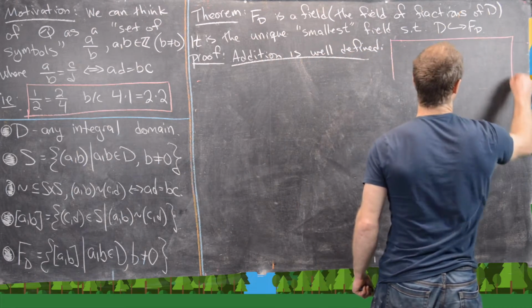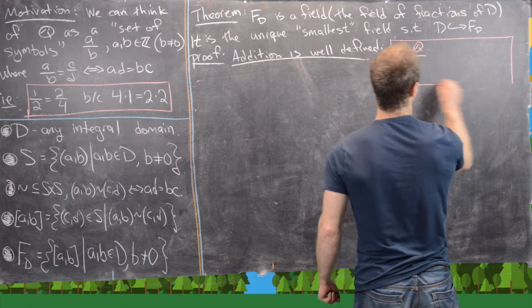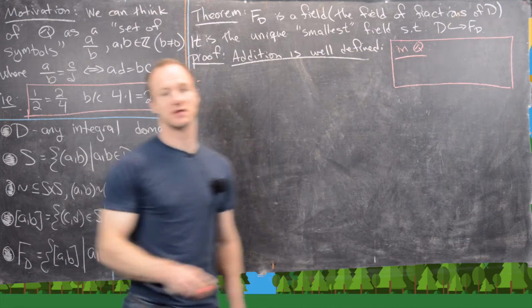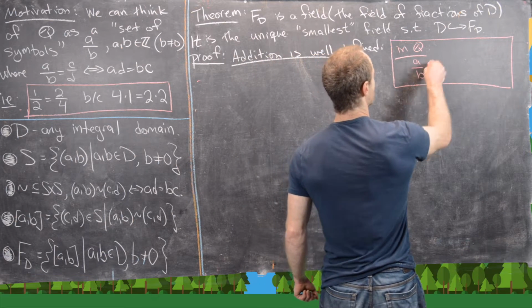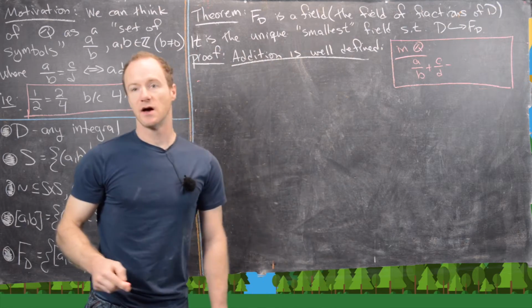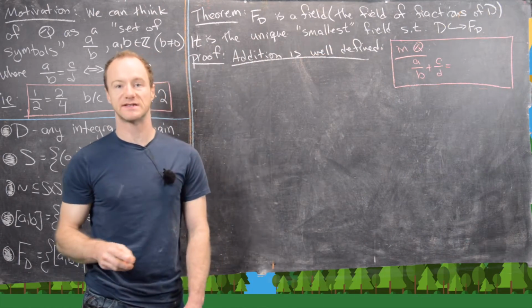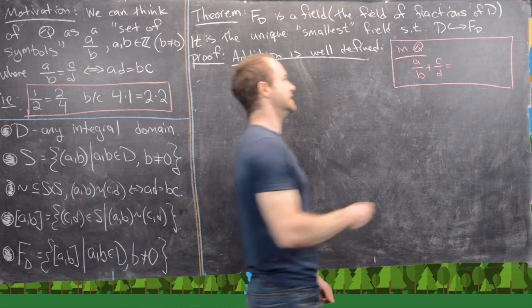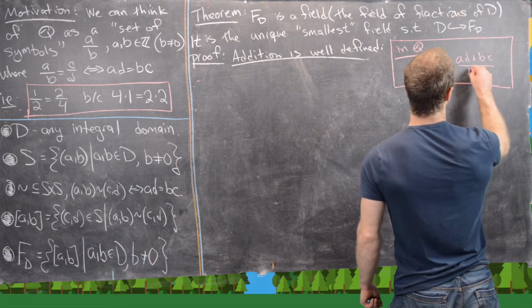And we're going to take inspiration from what's happening in the rational numbers in order to define this addition in the first place. Because in rational numbers, we have A over B plus C over D. That's not just A plus C over B plus D. That is AD plus BC over BD.